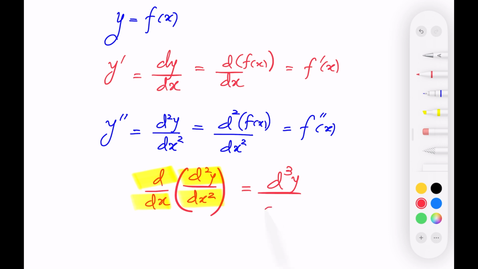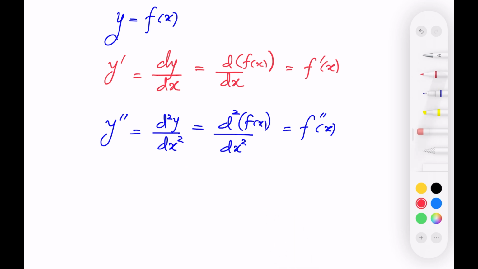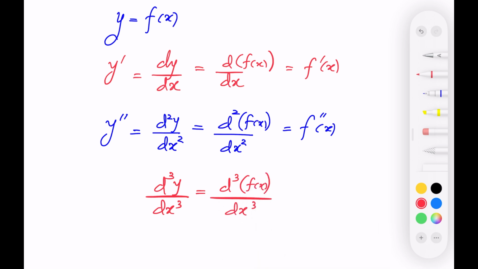Therefore, I should write it as dx cubed. Therefore, let me write down the third derivative as d cubed y over dx cubed. Since y is equal to f of x, the same statement can be written as d cubed f of x divided by dx cubed. Just to be consistent with the previous symbols, we can also write down this as f triple prime x. And the same way, we can write this down as y triple prime.